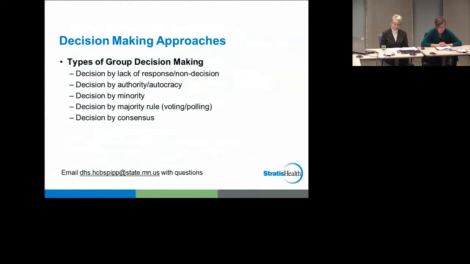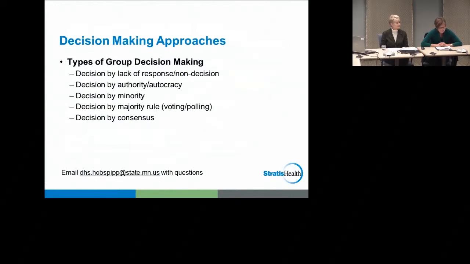They may be seeking input from the team throughout the course of the meeting, but they are the ones who ultimately make the decision. That's really appropriate in certain instances, where a single person does information gathering and then he or she makes the decision.